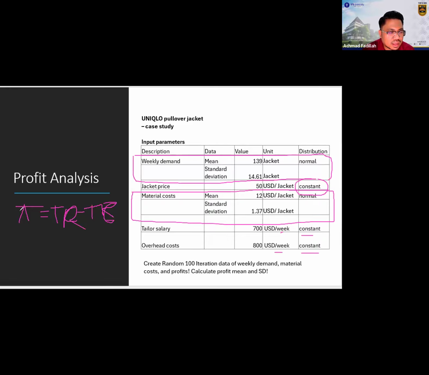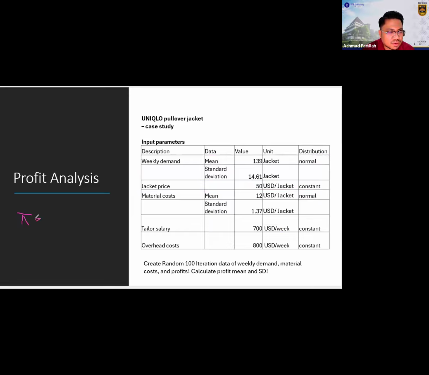Total revenue comes from how much demand you have and the price for every jacket, and then the cost comes from this information. Then after this, you can just calculate the profit, but you need to randomly generate it for 100 iterations.